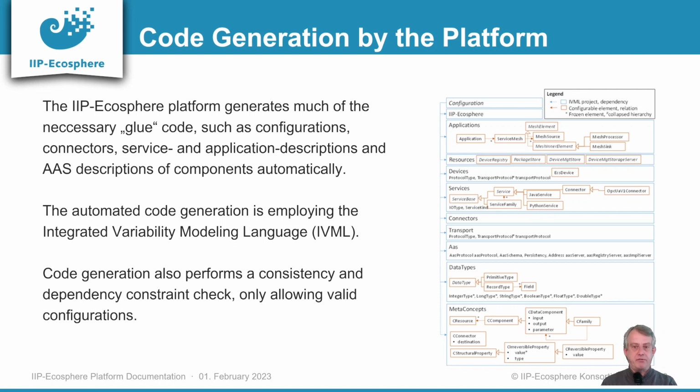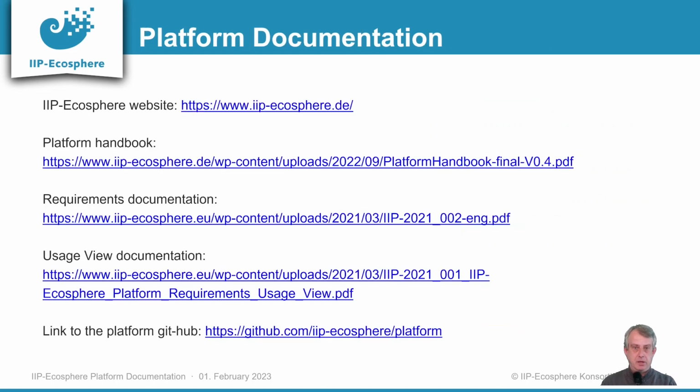The reasoner that performs the code generation also performs a consistency and dependency constraint check before generating the code, therefore assisting by indicating defective configurations even before any code is generated. The process is not detailed here, but you can see this process in more detail, for example, in the platform handbook.